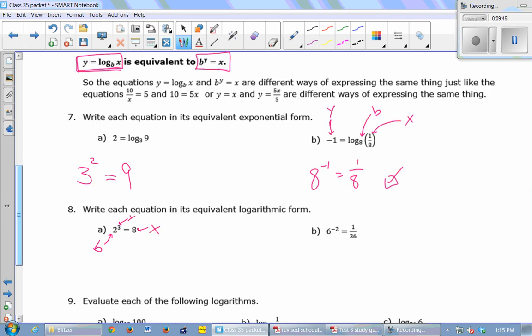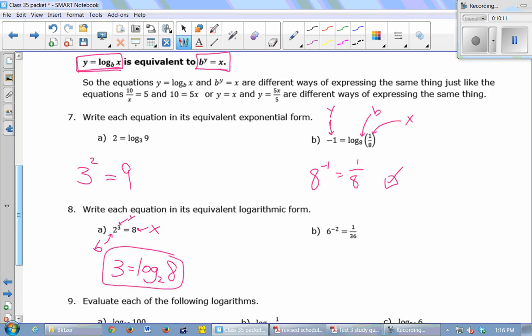And then plug it all into this other equation, y equals log base b of x. So 3 equals log base 2 of 8. So one easy thing to remember is that the base in both of the equations is the same. So if you have log base b or b to the y, b is your base in both equations.